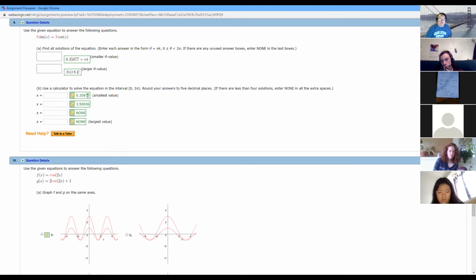They had a lot more decimal places, but that's the same number I've got. If you add pi to it, can you trust me you get this one here? Now, what happens if you add another one? Well, you will get an answer, but it will be bigger than 6.28, which is what 2 pi is. So that means no more.